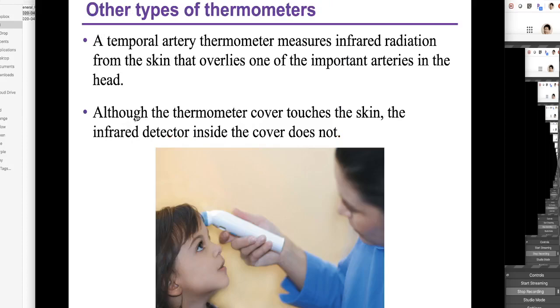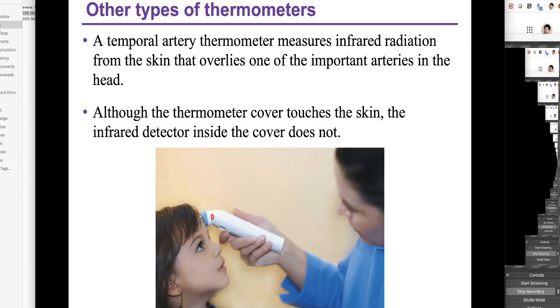Although the thermometer cover touches the skin, the infrared detector inside the cover does not. For example, this is the thermometer you're using. Actually, the sensor of the infrared detector might be here.